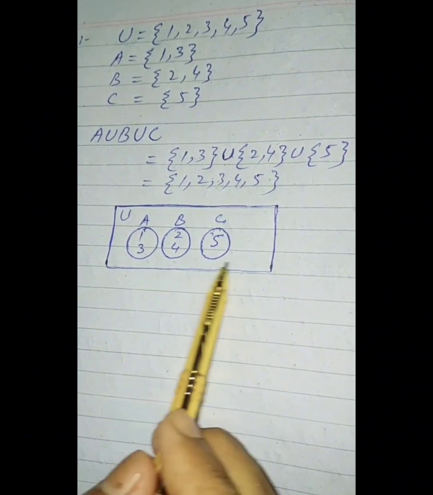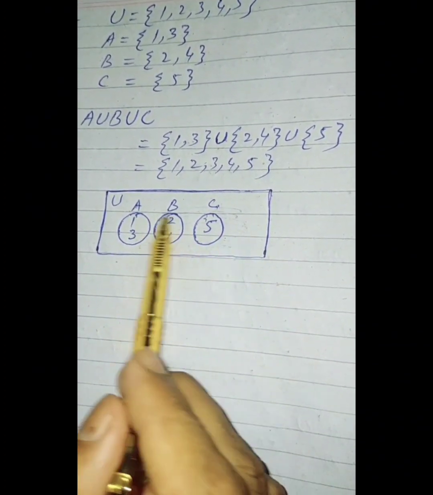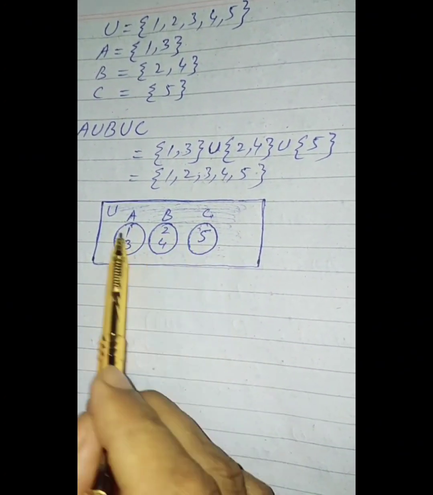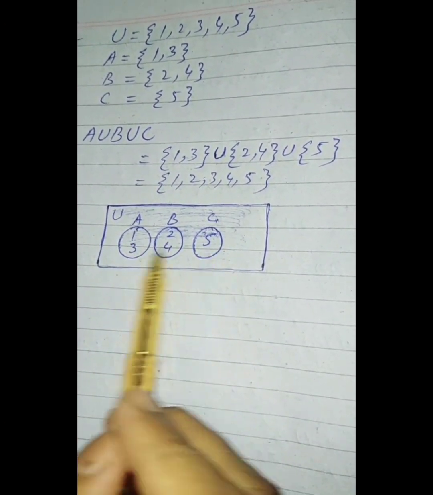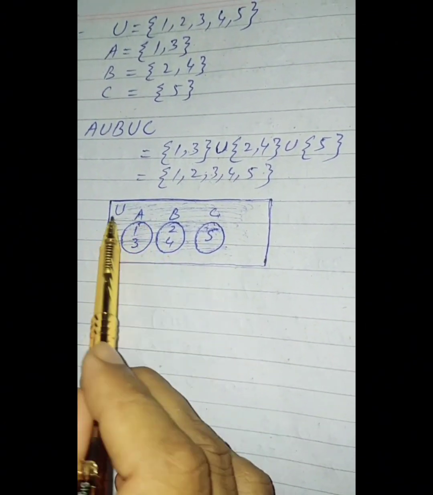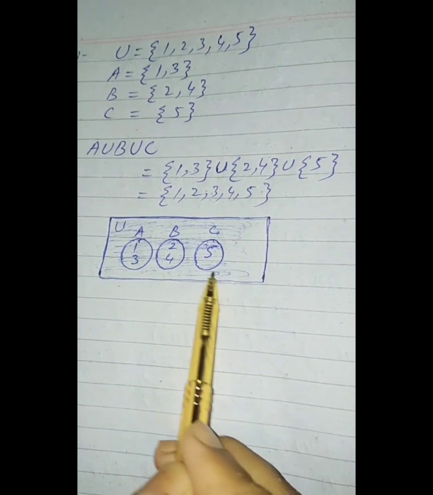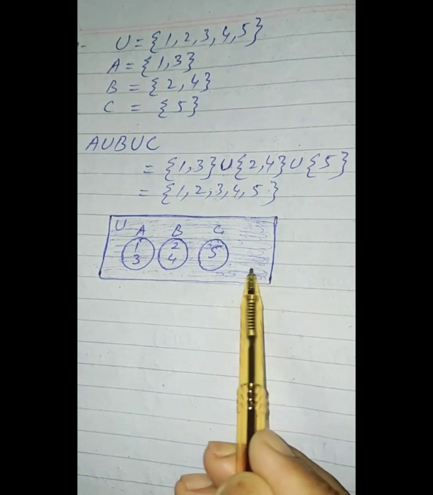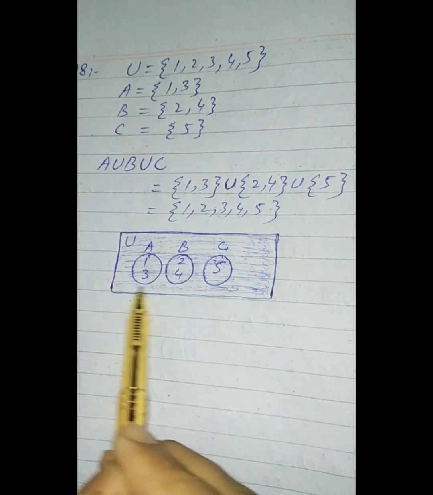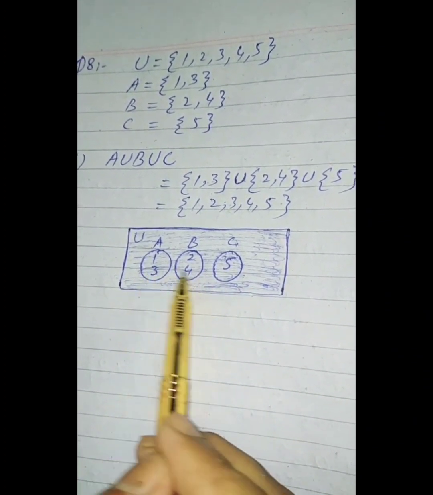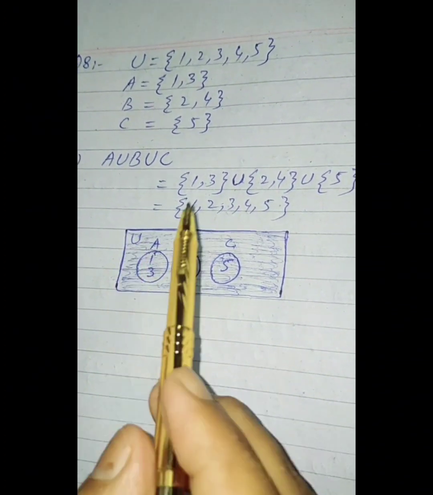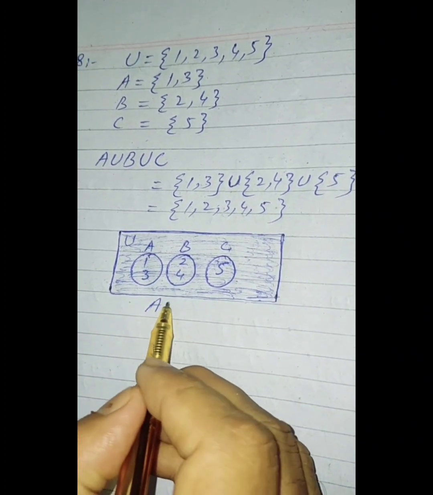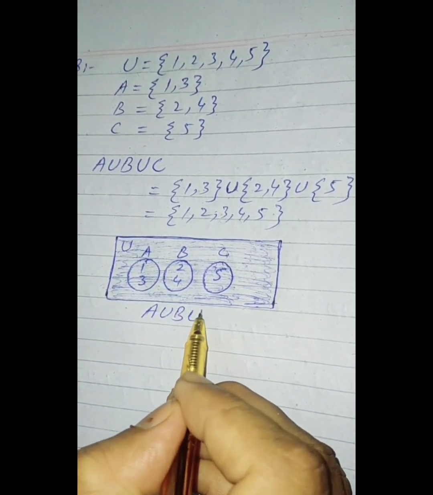So we will shade the whole rectangle because their union equals the universal set. Clear? And this diagram now shows A union B union C.